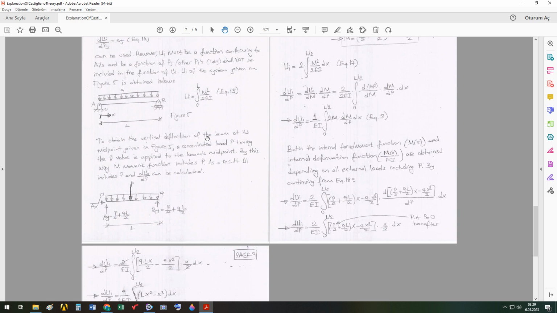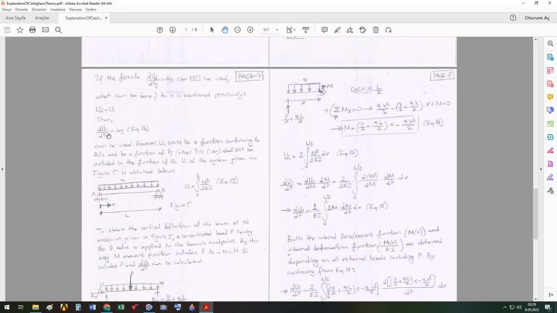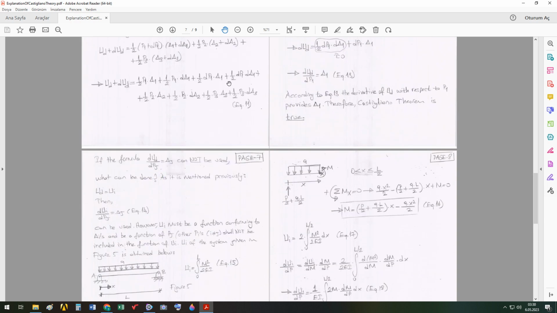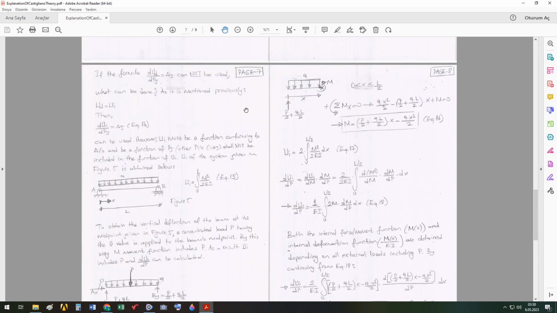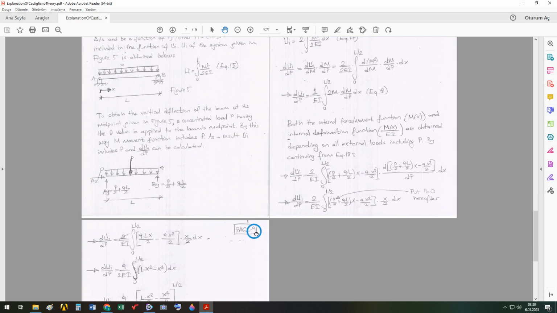Just to remove the confusion from engineers who are thinking like me, why did you use this formula when solving the numerical example? I made an explanation. The reason is this cannot be applied because deltas are not independent from external loads, but here the delta, a displacement or deformation, M over EI curvature, is obtained by means of external forces. So this can be applied to solve numerical problems.